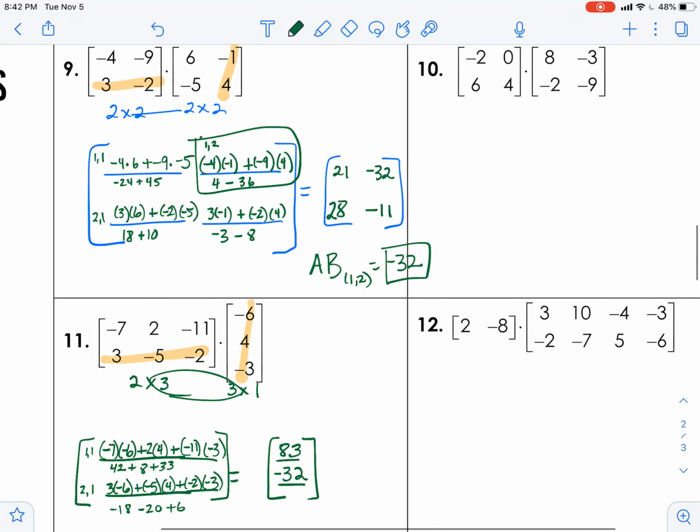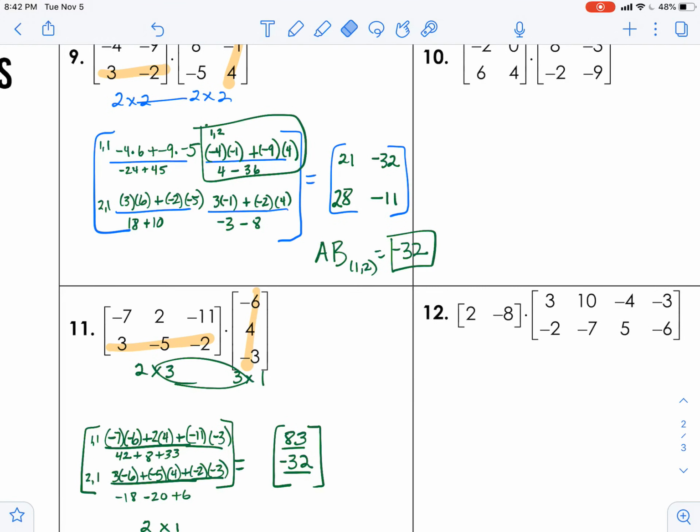Okay, I was going to also show you why they have to be the same. So I want to come back up here to this one real quick, because here's just an example. Again, this is a 2 by 3. This is a 3 by 1. And so the question was, well, if this was not a 3, but if this was a 4, why couldn't you? Well, if you look at this, let's say this was a -4. We'll put a -4 there, and we elongate this out.